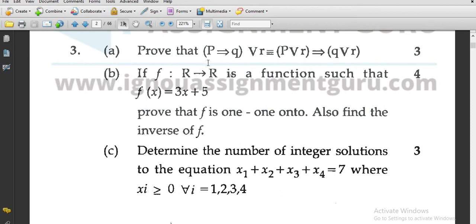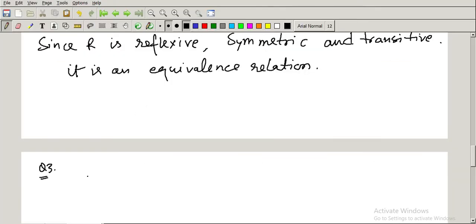So this kind of question, we can see earlier, we use the truth table and then prove that these two expressions are equal. Left hand side is equal to the right hand side. So for that, we have to draw a truth table.